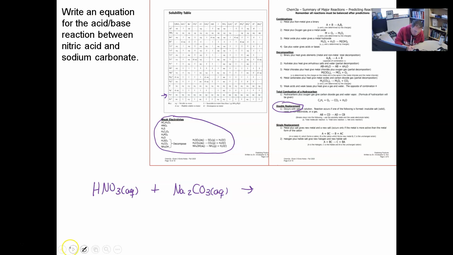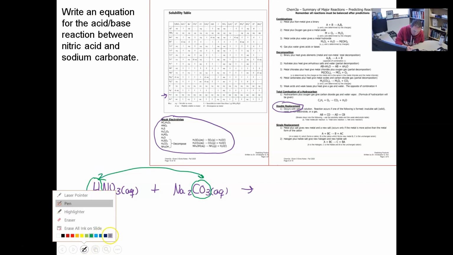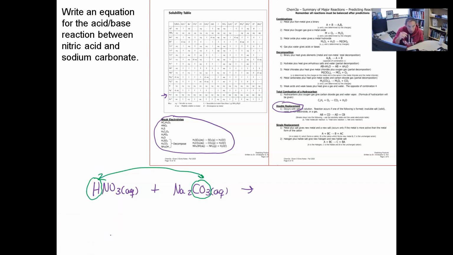So we're going to group up that cation with this anion. Those two are going to flip-flop partners, right? And when we do that, H is +1, carbonate is -2, so I'm going to need 2 HCO3.